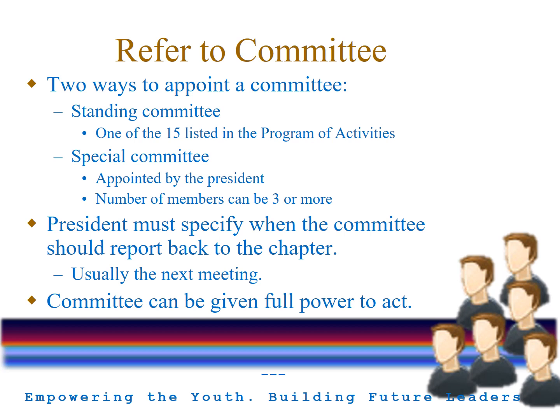The president must specify when the committee should report back to the chapter, usually the next meeting, and this special committee can be given full power to act on the motion, specifically if the motion requires the expertise of such committees.